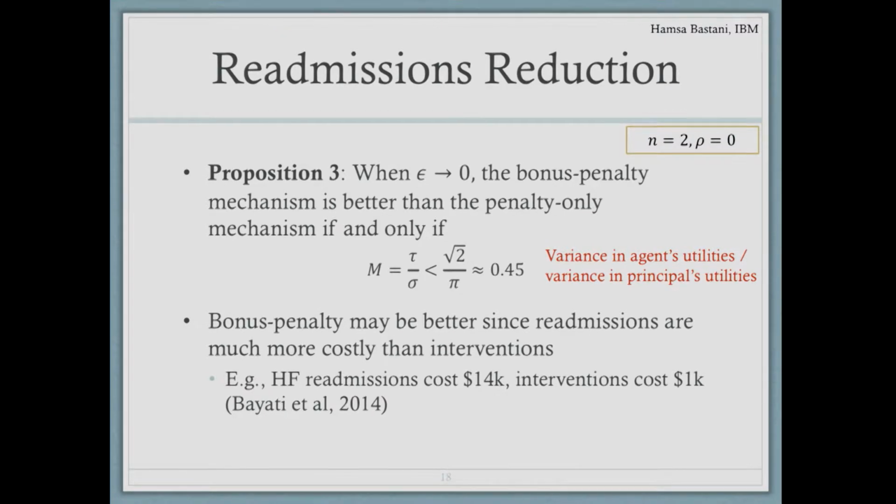So to give you actual numbers, we looked at some existing papers. This one in particular is from my co-author. If you looked at heart failure readmissions, which was one big focus of this policy, the hospital has the choice to do an intervention on a patient to reduce their likelihood of getting readmitted. Typically an intervention will cost $1,000. They have to get a nurse to call the patient, maybe make sure they're adhering to their medications.